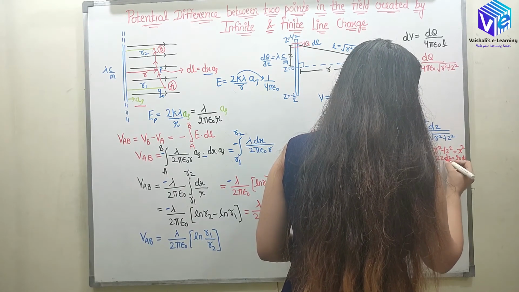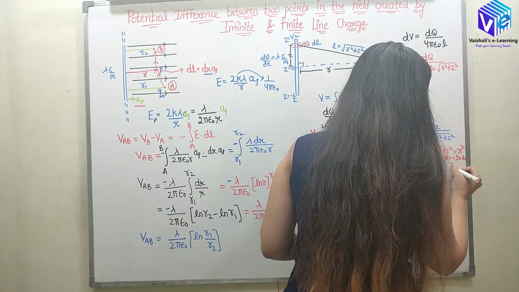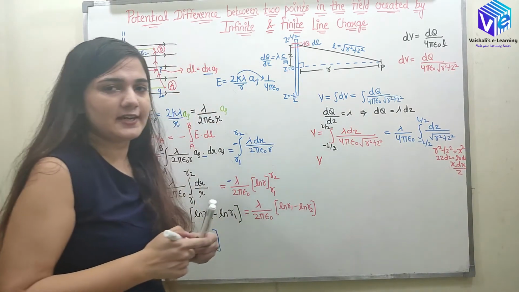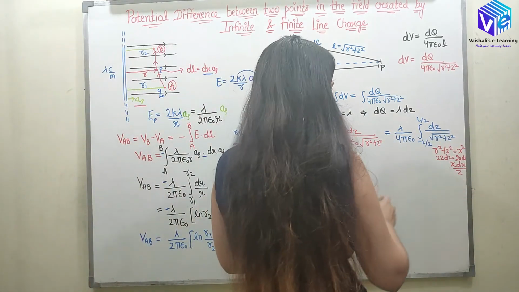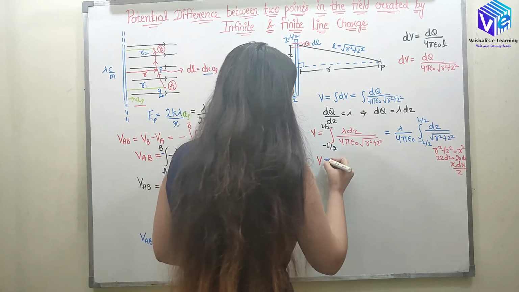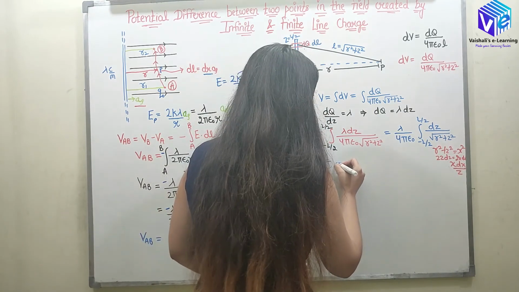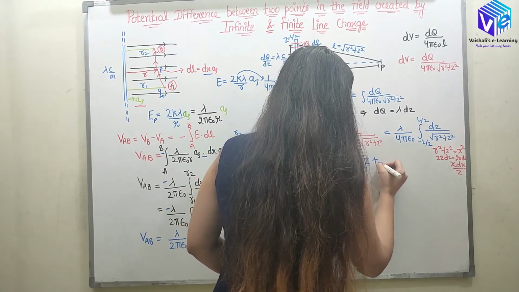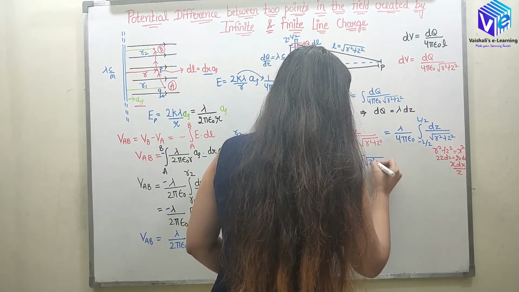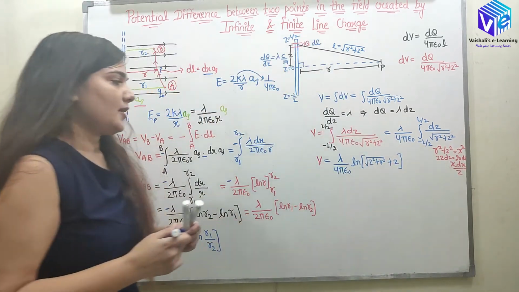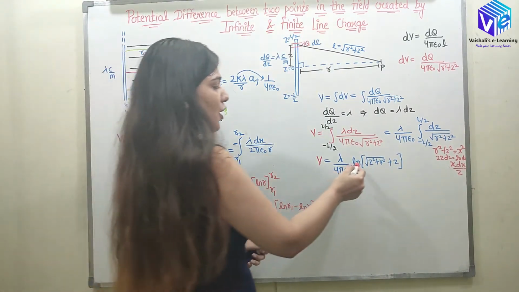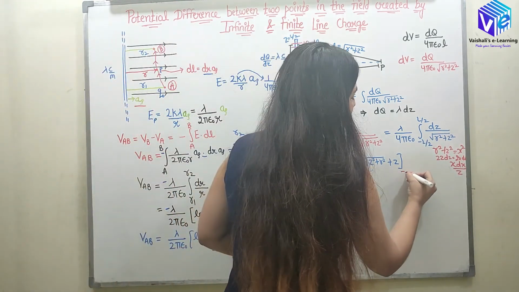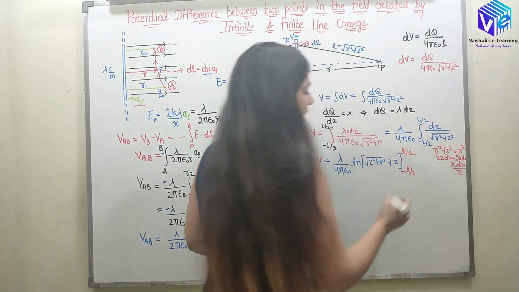Okay, so dz will be equal to x dx upon z. So this is how you can replace all of the things over here, and the final voltage will be coming out to be equal to lambda upon 4 pi epsilon naught ln under root z square plus r square plus z, and the limits are from minus L by 2 to L by 2.